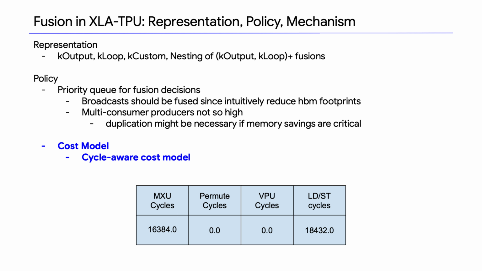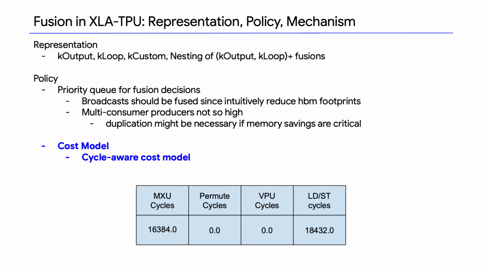So on the representation side, I talked about the kind field that was there in the fusion primitive, and there are three types of kinds that are important: kOutput, kLoop, and kCustom. A fusion of type kLoop means it's a composition of only vector operations. And crudely, the idea is a single loop harness can be used to lower all the operations present in that composition. So that's how they came up with kLoop.